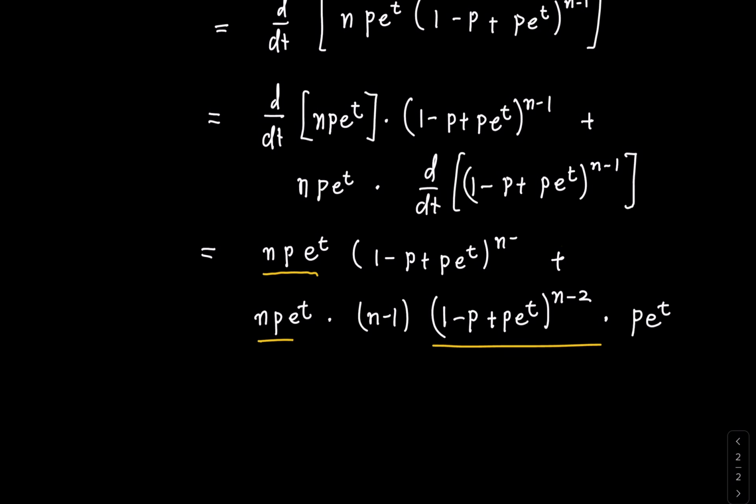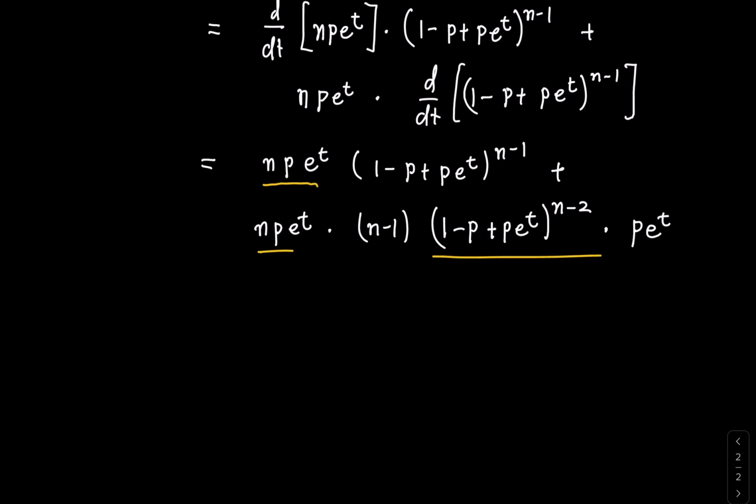So let's try and take this out as a common factor. In fact, let me do one more line of working to show you how it is a common factor, just so it's a bit more clear. So you have the np e to the t, this is from the top. Then you can rewrite this 1 minus p plus p e to the t, to the n minus 1.